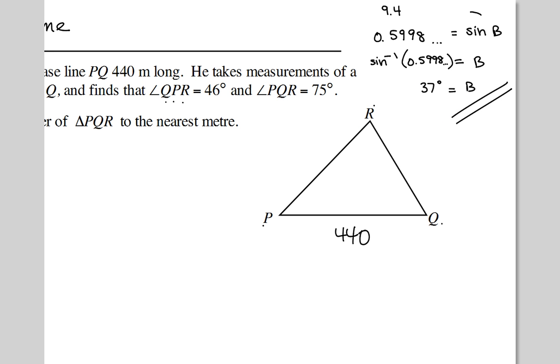Where do I put 46? In the middle letter, P. Watch my pointer. QPR, that angle's 46. Now what about PQR? 75 is in the bottom right.